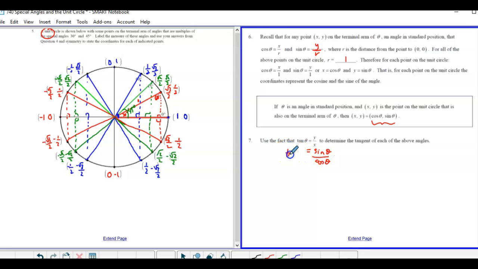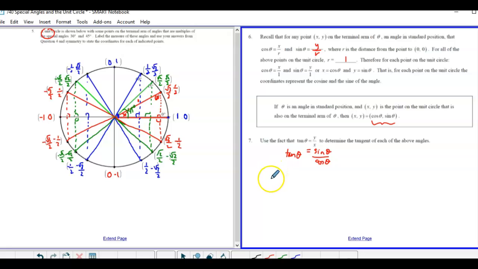So anytime you see the points on the unit circle, you can find tangent by just taking the ratio y/x, because that's sine theta over cos theta. Okay, so just another definition of it.